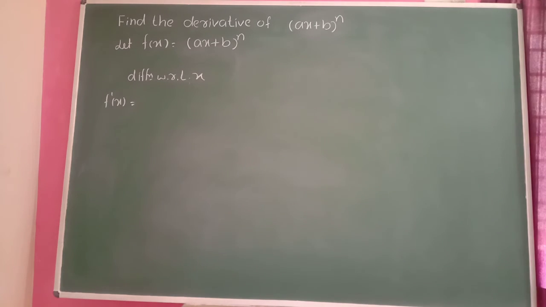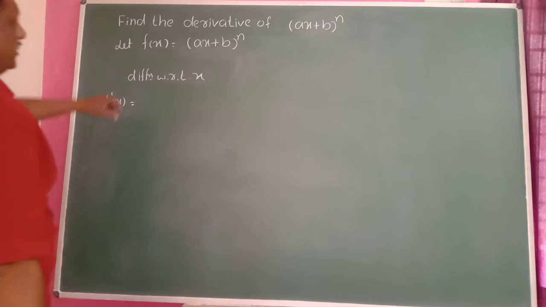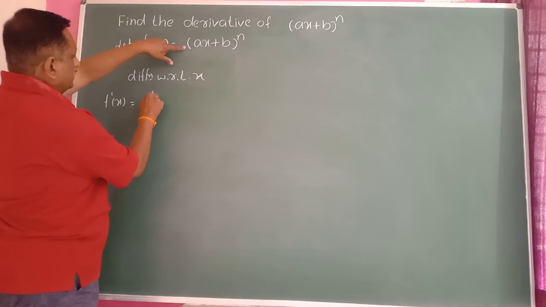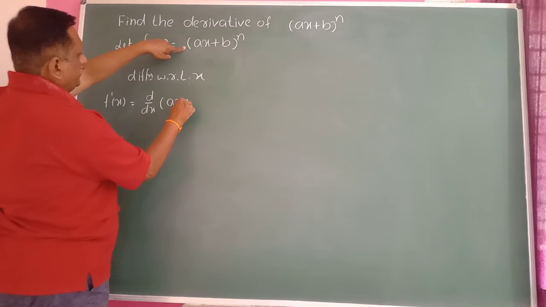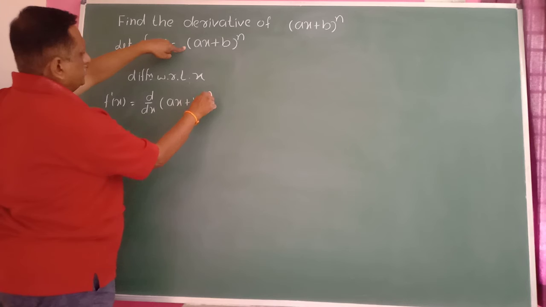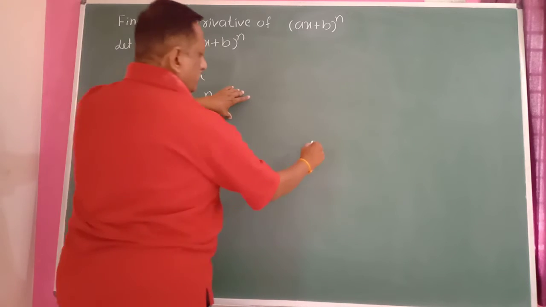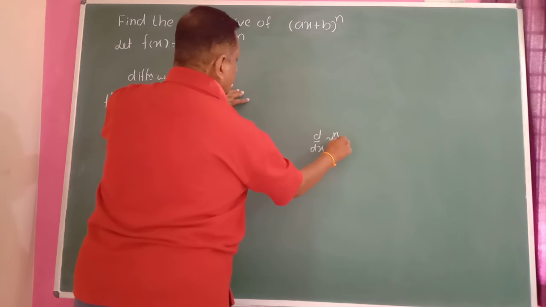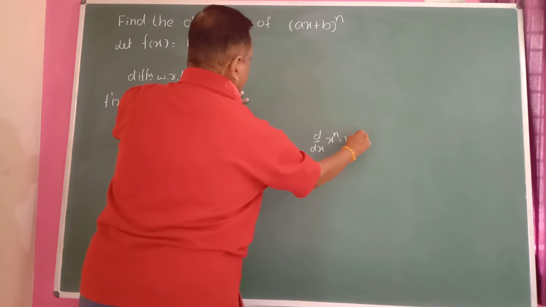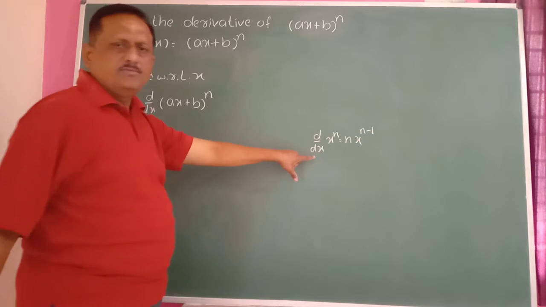So find the derivative of ax plus b whole raised to n here. So differentiate this function here, d by dx of ax plus b whole raised to n here. And again you know that differentiation of x raised to n is n into x raised to n minus 1. This is the formula.